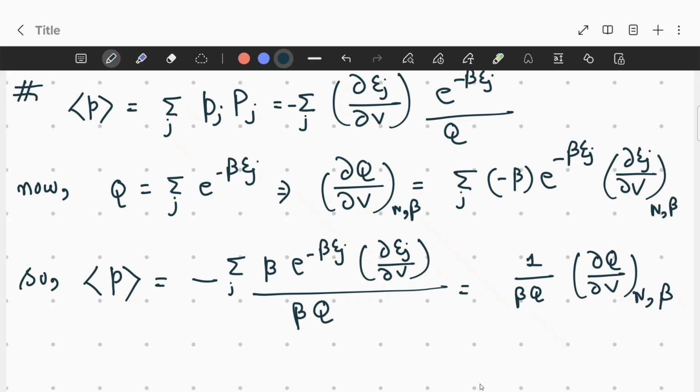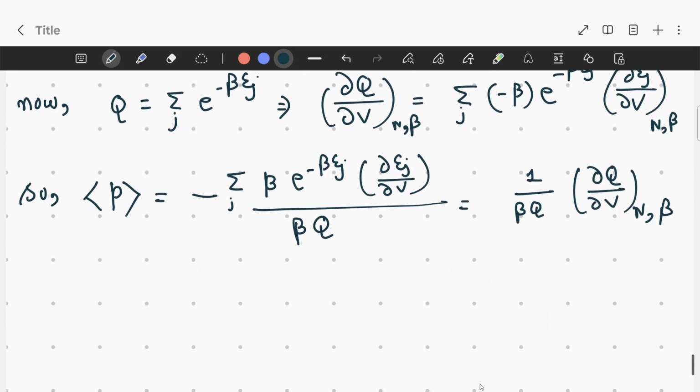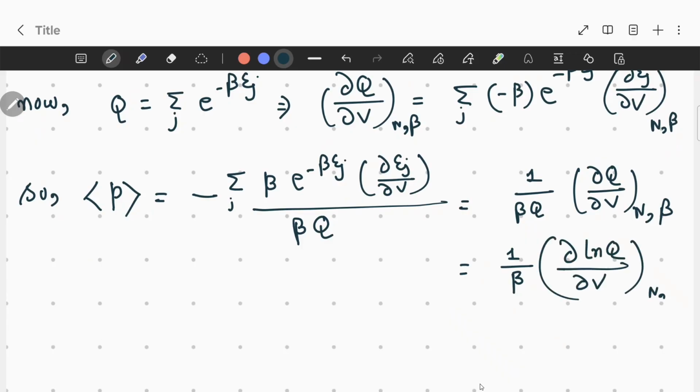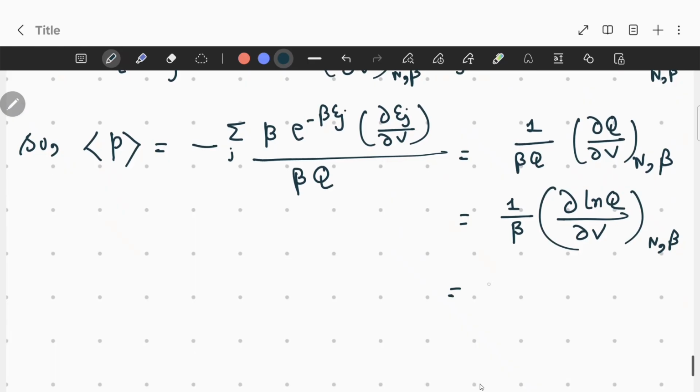I think it's correct. Any minus sign there? No, it's correct. So it equals minus, plus 1 by beta, d ln Q del V at constant N and beta, which is kT. So this is our average pressure.